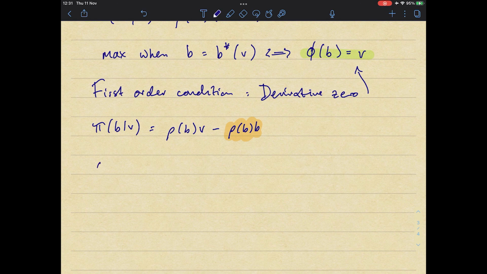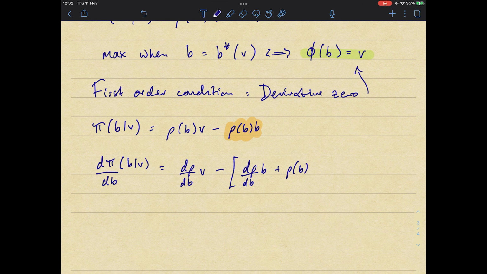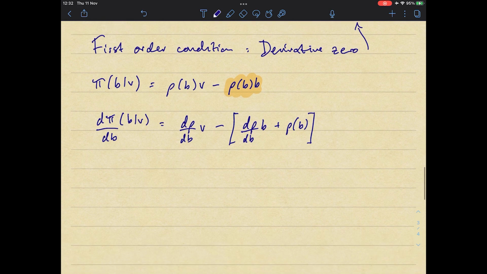So if I'm going to take the derivative here, the derivative of this evaluated at this point with respect to b would be, I take the derivative of the first term, so the derivative of rho with respect to b times the constant v minus, and then I have this product, so I take the derivative of the first term with respect to b and times it by the second term, and then add to that the first term, rho of b, multiplied by the derivative of the second term, which is just the derivative of b with respect to itself, which is just 1.